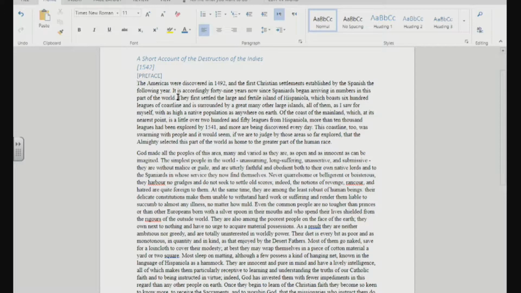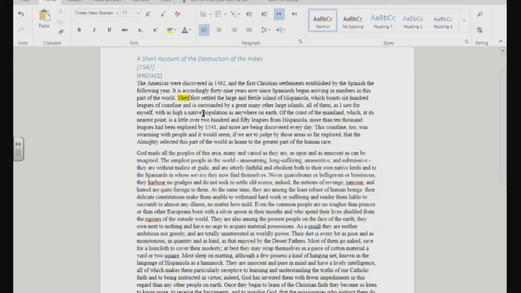But he does this thing right here. I'm going to see if I can underline it so that you can see it. He says they first settled the large and fertile island of Hispaniola. And in fact, this is the word that I really want to focus on, the word they. De las Casas was a Spaniard, and he came over with the same people that he's talking about after 1492, and certainly before he started writing this particular document.